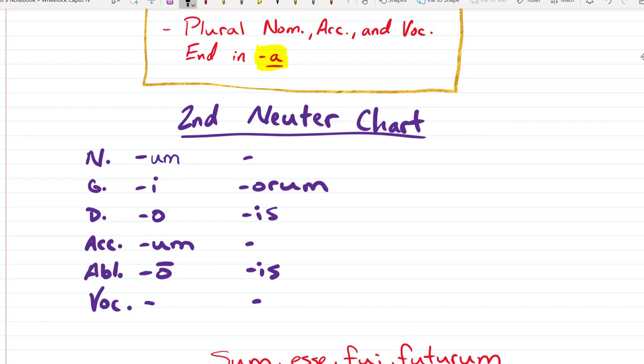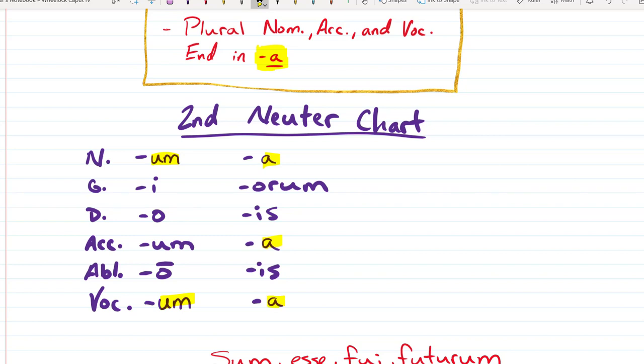And the vocative, instead of being that e, er, or i, is simply -um again. In the plural, we would expect i, orum, is, os, i, and based on neuter law, the plural nominative, accusative, and vocative end in an a. And so here we go. That's the only place the neuter chart is different: we have -um, -um, -um, and then a, a, and a. This neuter law is really the only thing that tweaks it.